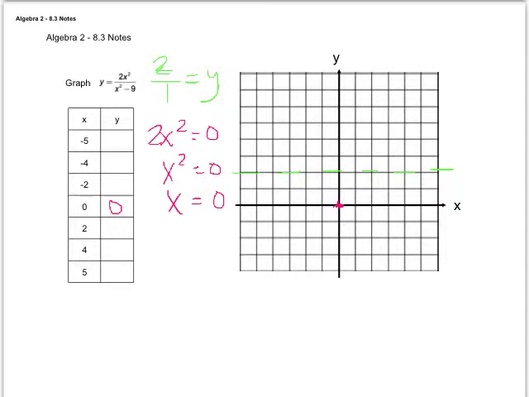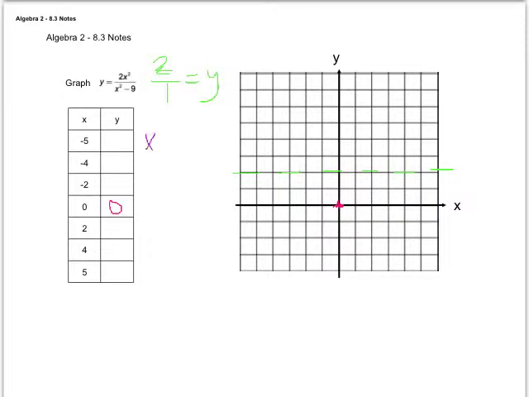The other thing that we need to investigate is where the denominator is equal to 0. So let me erase this math right here. And where that denominator is equal to 0, that's also where we are going to have some vertical asymptotes.